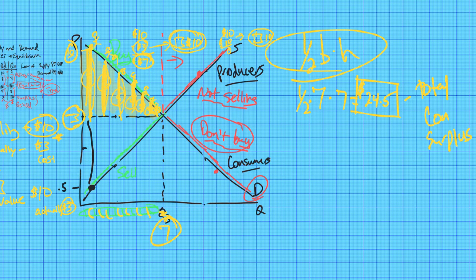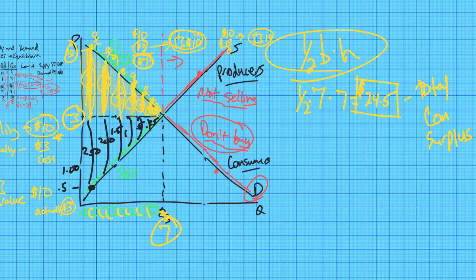So that person, $2.50 extra producer surplus. And the next person, they would have sold it for $1, got to sell it for $3, $2 producer surplus for them. And then let's say this is $1.50, and this is $1, and this is 50 cents, and then 25 cents, all the way down to the very last seller.